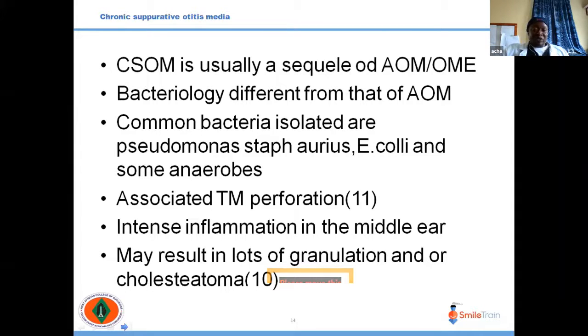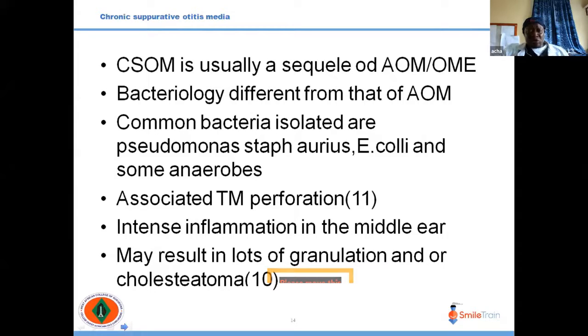I won't go into the details of how tympanoplasty is done, or the types of tympanoplasty. But basically, you are trying to repair the perforation in the middle ear. Most of the time when you do that, you prevent recurrence of infection, and you also prevent the complications associated with chronic suppurative otitis media, which are cholesteatoma, brain abscess, facial nerve paralysis and all the like.